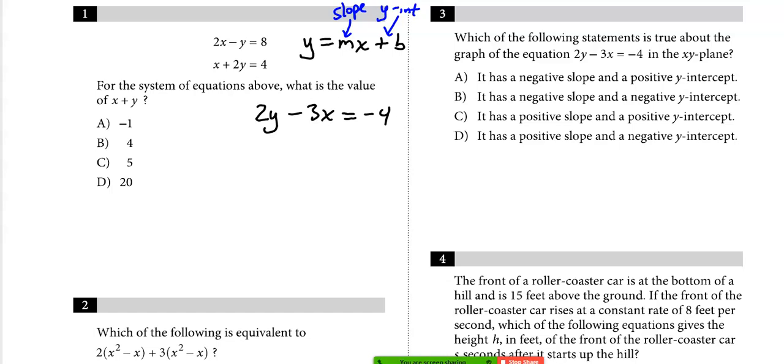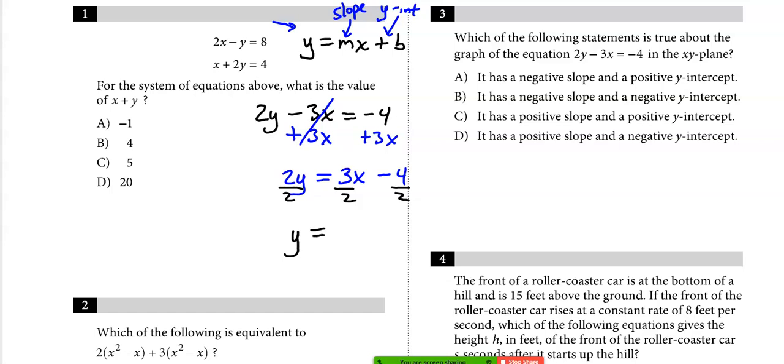So let's just rewrite this. I'm not going to mess with the y just yet. I'm going to add the 3x to the other side. So I have 2y, that canceled. And I'm going to put the 3x in front and the minus 4 in the back, just so it kind of matches this format. Now I'm going to divide everybody by 2 because I want y.